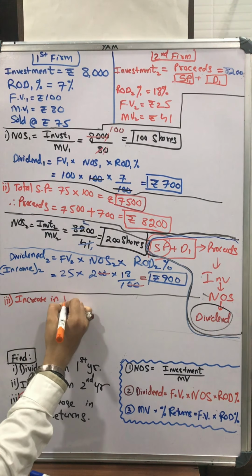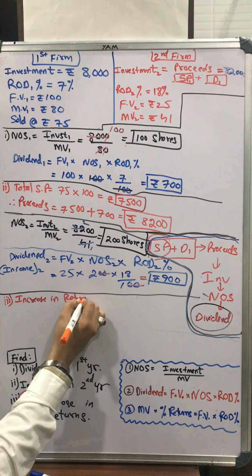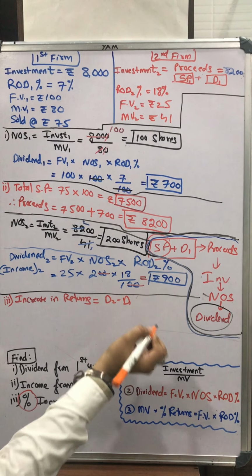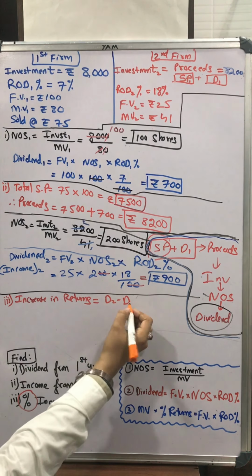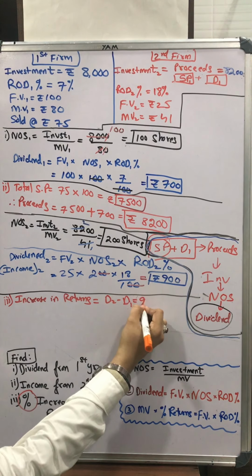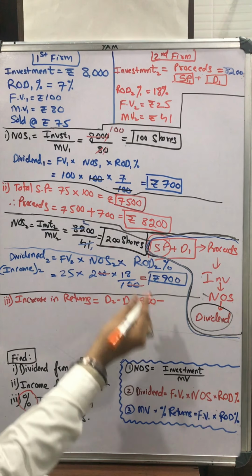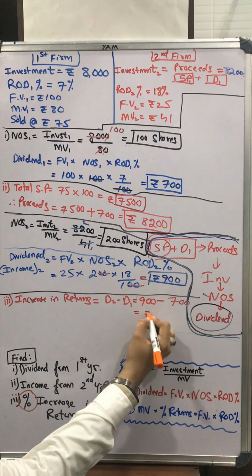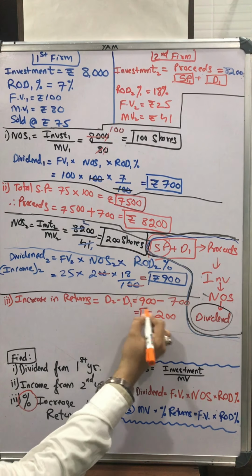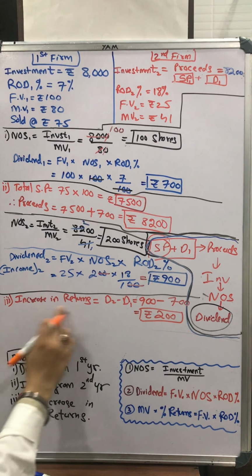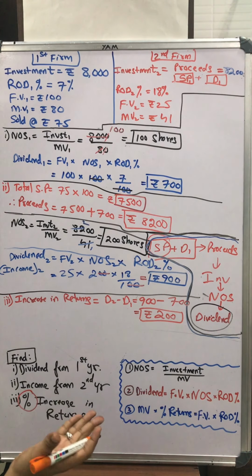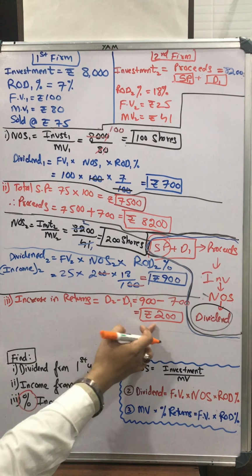Increase in returns will be dividend 2 minus dividend 1. Okay, dividend 2 is more. So 900 minus first dividend 700, which comes to be rupees 200. This is my increase in return. The difference, how much the returns or income or dividend increased, 200.